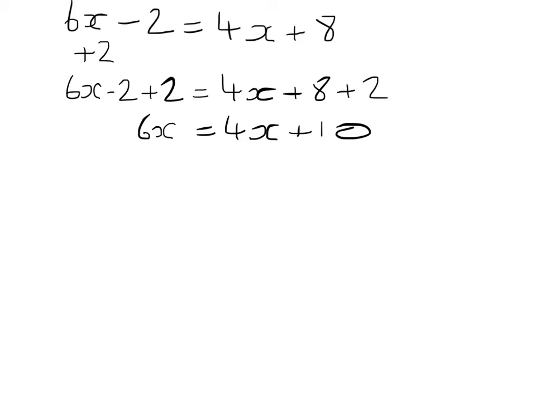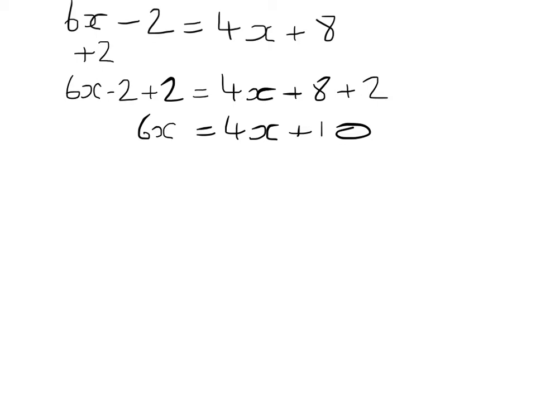Fantastic. Now, this is where I want you to step back and have a think about this. We want all the x's on one side. So there's two ways you can go about this, the way you think, I mean. The process is the same, but the way you think about it differs.